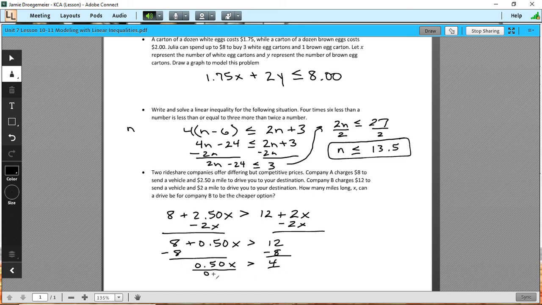And then we're dividing each side by 0.50. 4 divided by a half is going to be 8. And I should say not equals, that should be greater than. So if your drive is longer than 8 miles, then company B is going to be your cheaper option.